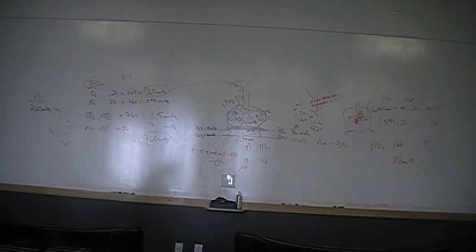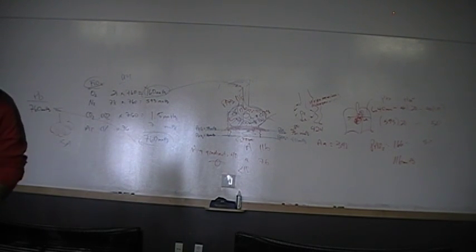Is that right? Yeah. So Graham's law is relative to the gram molecular weight of the gas. We're only concerned with oxygen and carbon dioxide, and based upon the molecular weight, carbon dioxide diffuses 20 times faster than oxygen does because it's a heavier molecule.